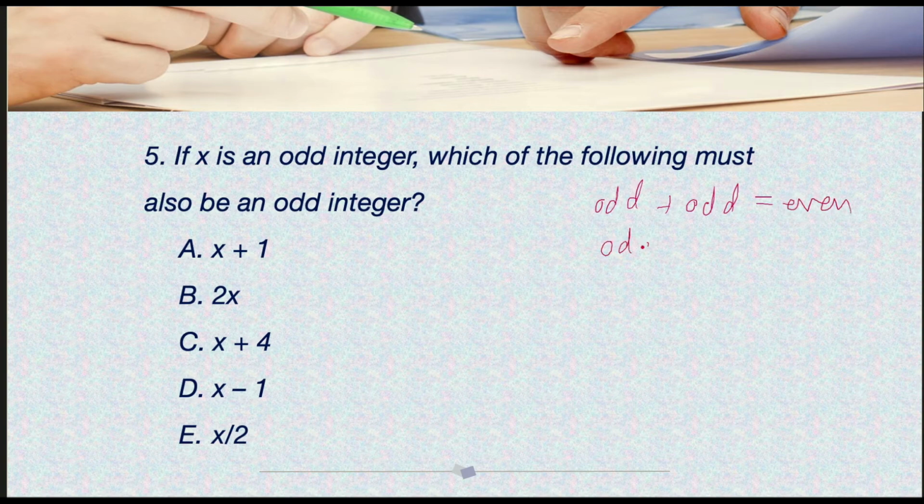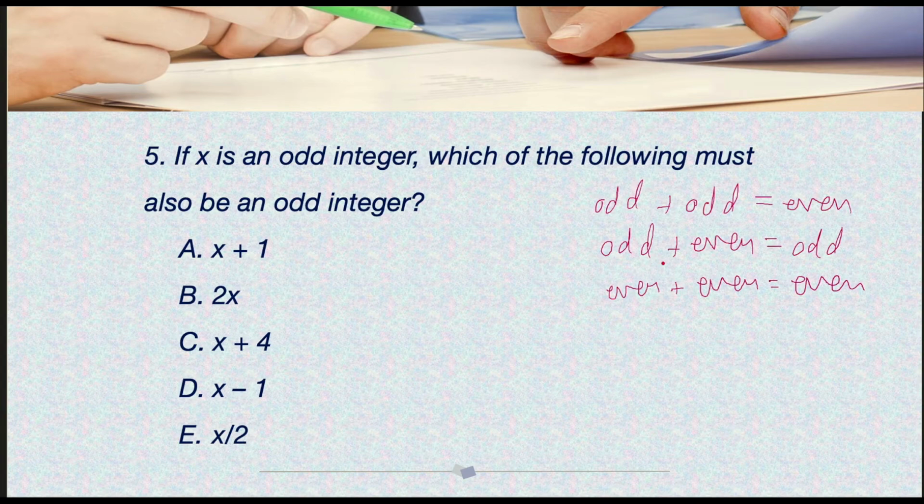Okay? And odd number plus even number is equal to odd number. And of course, even plus even is equal to even, of course. And that's the possible combination.